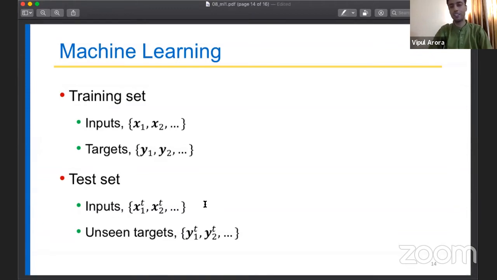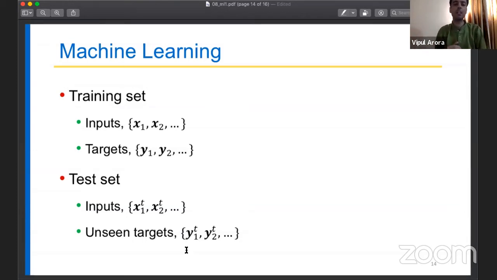So it is like in an exam, or when you have exercises in your textbook, there will be questions and answers. X is the question, Y is the answer, right? You read the questions, you read the answers, and you learn from there. Then at test time, in the exam, you will have only questions, and you have to guess the answers. Then the teacher will compare your answer with the correct answer, the unseen target, meaning unseen by the machine.